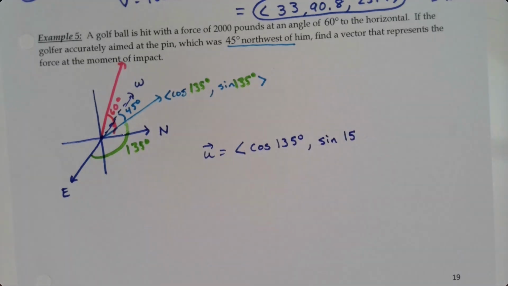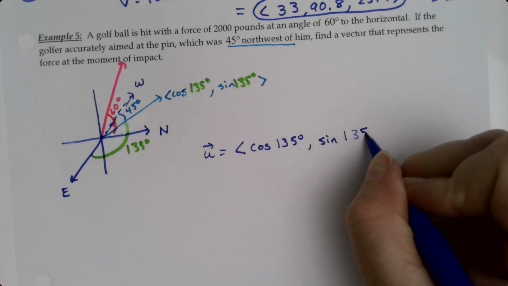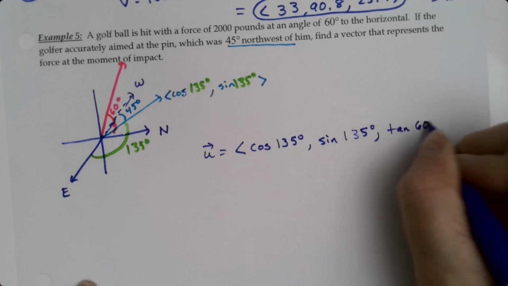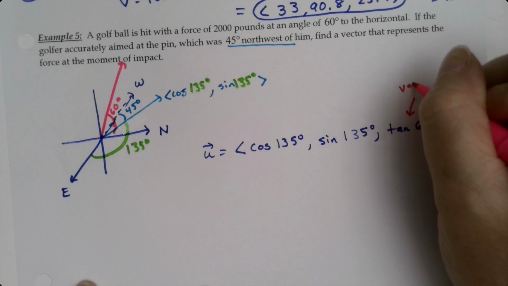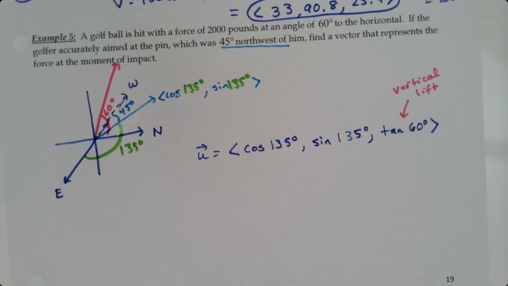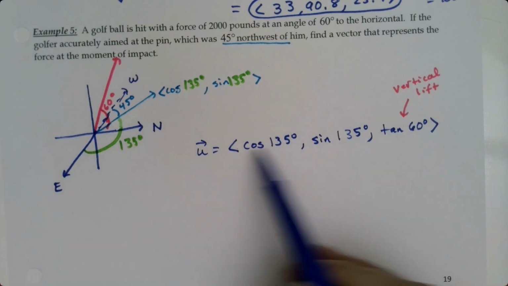Not 153, I was about to have a little dyslexic moment there. 135, and then tangent of 60 degrees. That gets you the vertical lift. Or if it's going down, you can have descent, but this isn't descent. This is climbing.